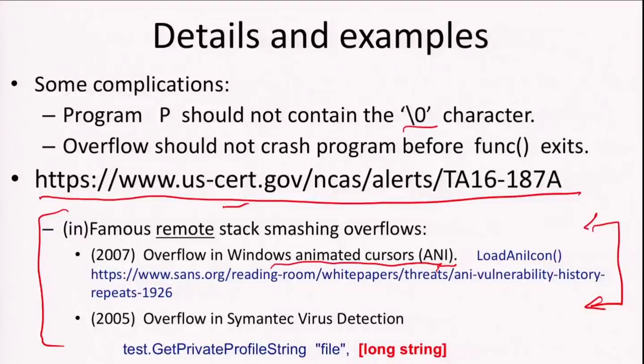Those files have a very specific structure, and people found in 2007 that by engineering those files a little bit differently, they can actually create a buffer overflow, and this buffer overflow would then be easy to exploit. It has happened quite a bit, and Microsoft has since then patched it. But if somebody is running a version from before 2007, then there is a chance that they will actually get exploited.